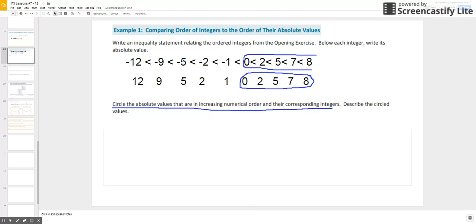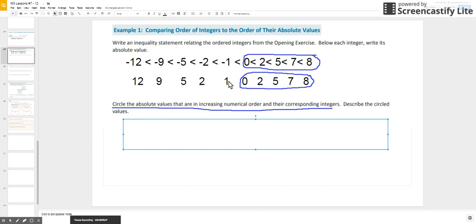It says describe the circled values. Hopefully we notice that the only ones circled are the positive integers and 0. So the circled integers are all positive with the exception of 0. None of the negative integers were circled.